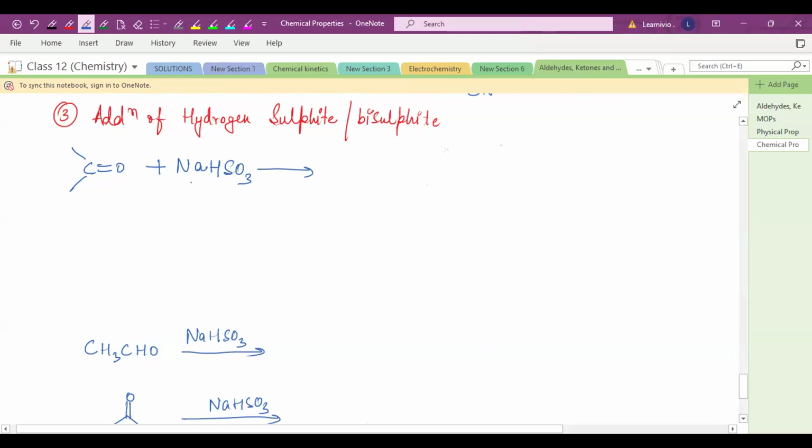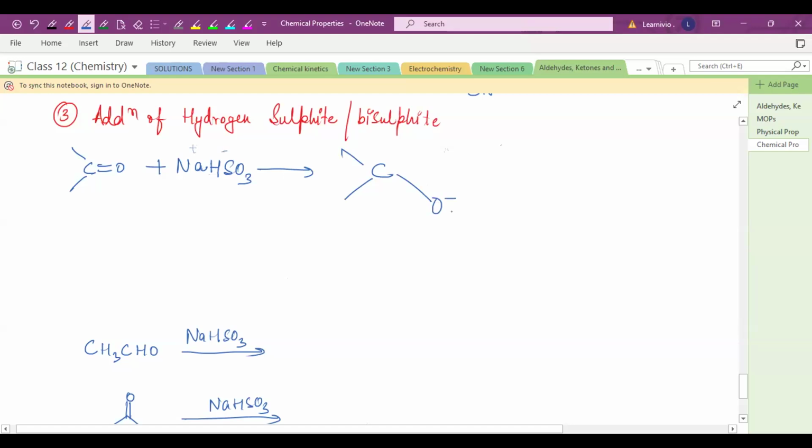So when sodium hydrogen sulfite or sodium bisulfite is treated with carbonyl compounds, see this, what you're supposed to do: write the carbon, this bond as it is, and on this carbonyl group, this oxygen, you write O minus. This will dissociate into Na plus and HSO3 minus.